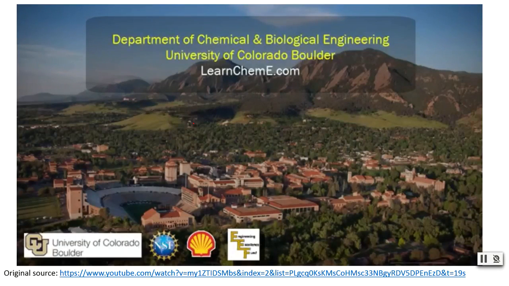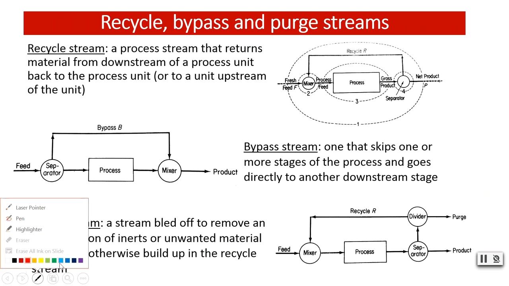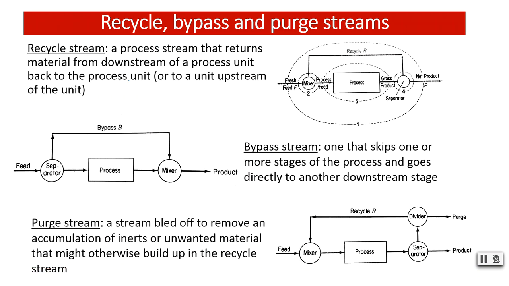Okay, so that's another example of how to solve the problem when it comes to multiple processes with mass balance. Besides that, the normal multiple processes may also involve a few situations where there is a recycle, bypass, or purge stream.